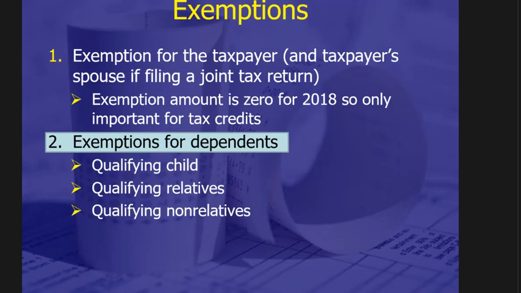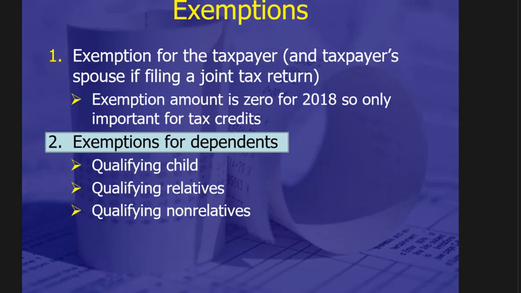However, the concept of exemption is still in the tax law, and it still is referred to, because many of the tax credits that are available, and we'll see them later in Chapter 2, will depend on who is entitled to claim the exemption.